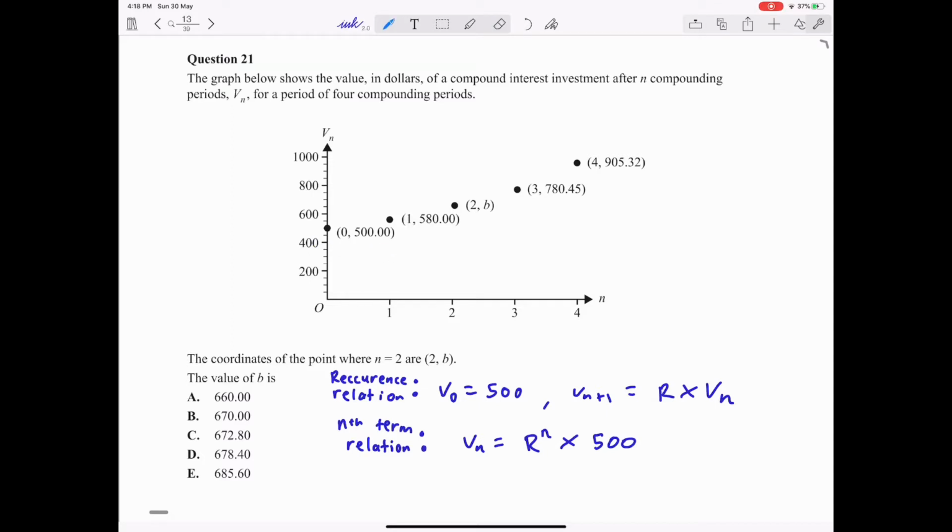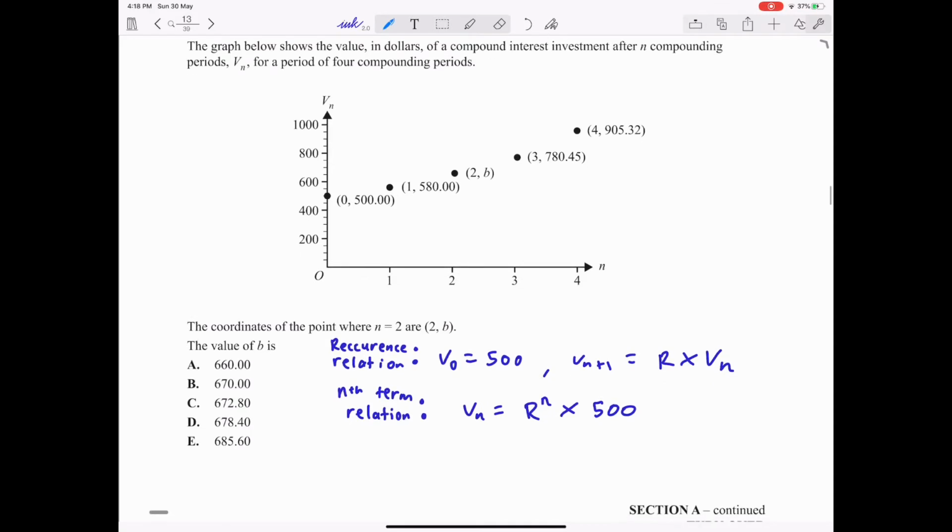And so basically I converted the recurrence relation into an nth term relation to help us find the value of r. So to find the value of r, I can sub any of these points into the equation. So let's just take this coordinate for an example.